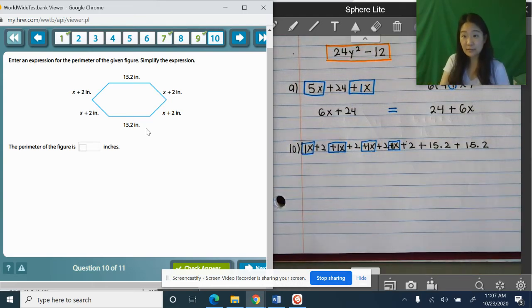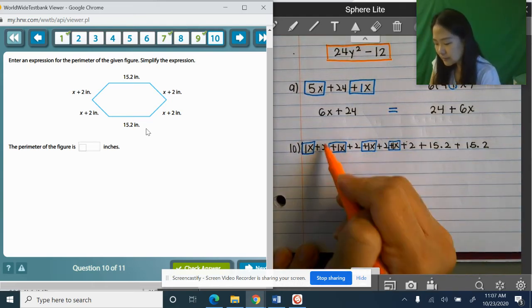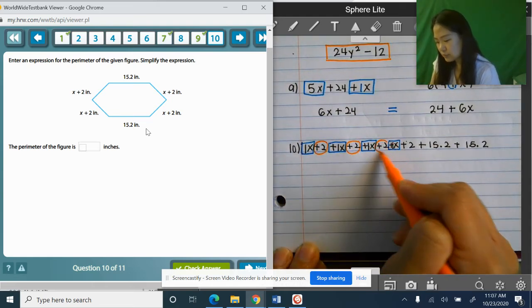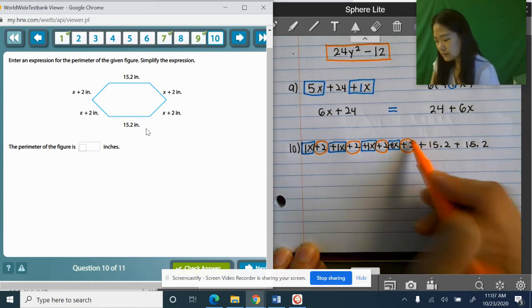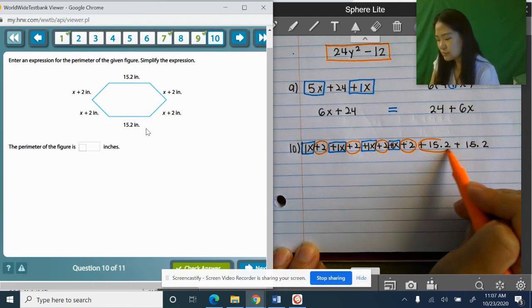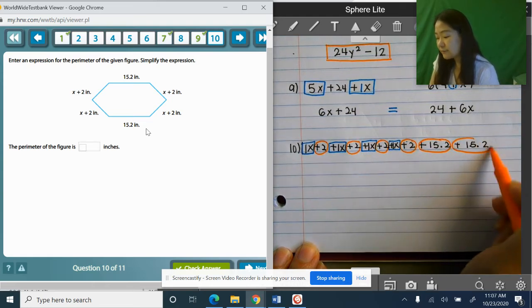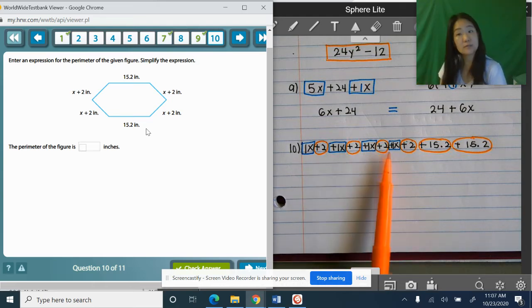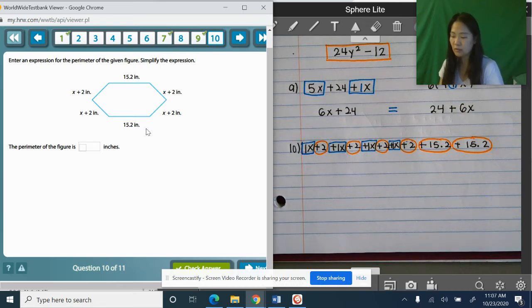I also have other like terms: plus 2 plus 2 plus 2 plus 2 plus 15 and 2/10 plus 15 and 2/10. Decimals, fractions, and regular whole numbers are all considered constants, which means the value doesn't change. Remember, a constant is a very straightforward, specific number. All of these are numbers not attached to any variables. So those are all like terms.